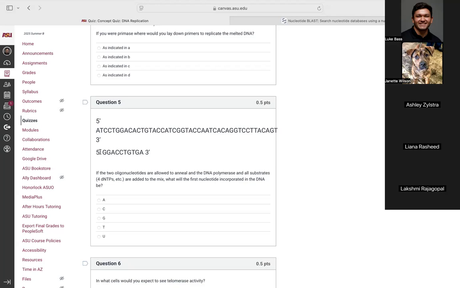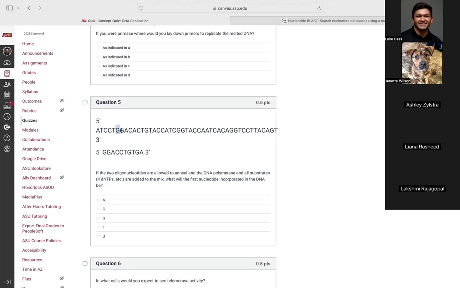That would make sense, but then that would make the answer C, which is not the right answer. So that has got to be like a reverse primer or something. If you match its complement up to the one above, okay.